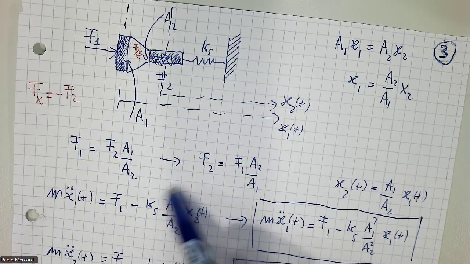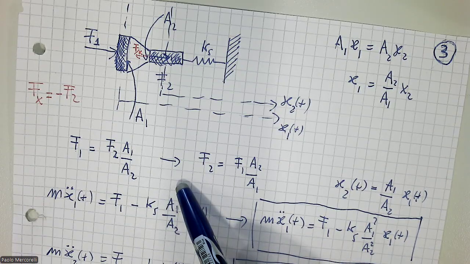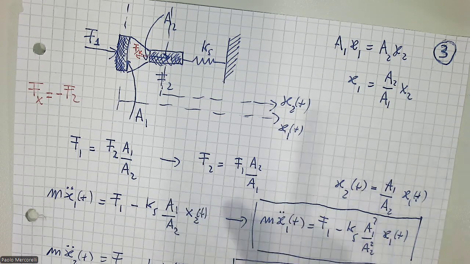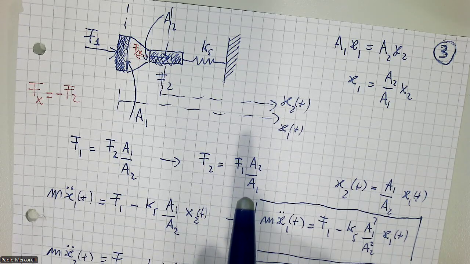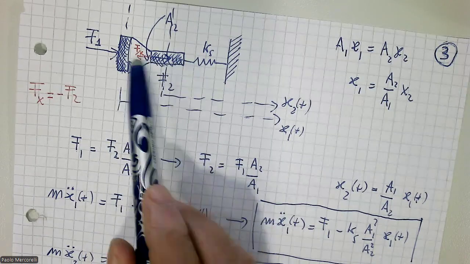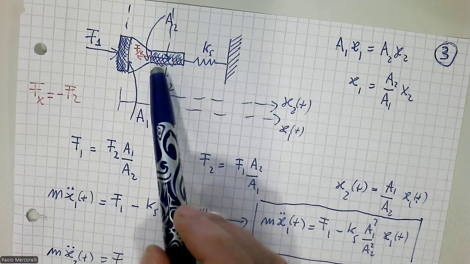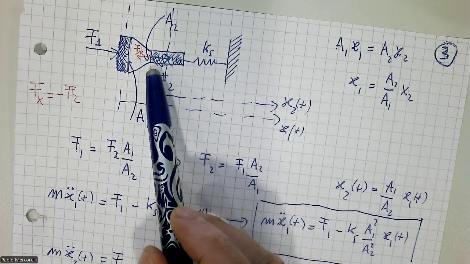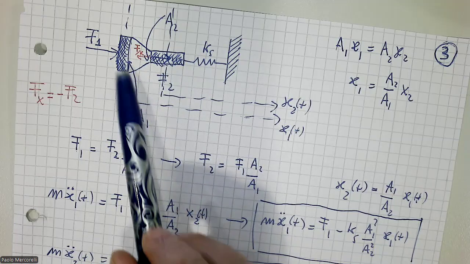Why is this one? Yeah, because we amplify the distance. I mean, A1 multiplied by A2 is the factor, the amplification factor.